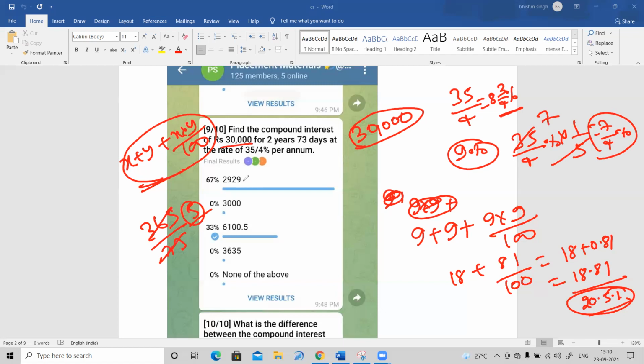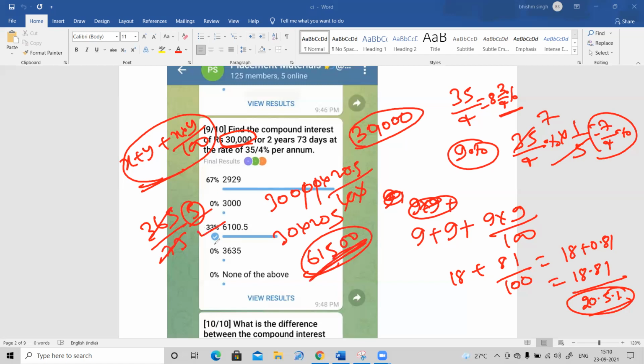If you start this question by the formula method, it will take a lot of time. Very simple, just guess: 20% of 30,000 is what? If you find 20.5% of 30,000, you get almost 6,000, nearby. So this is the answer.